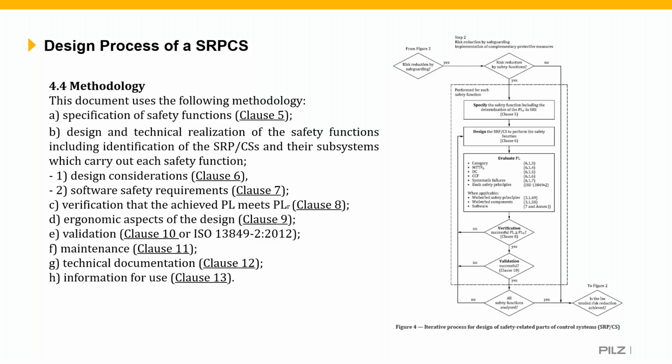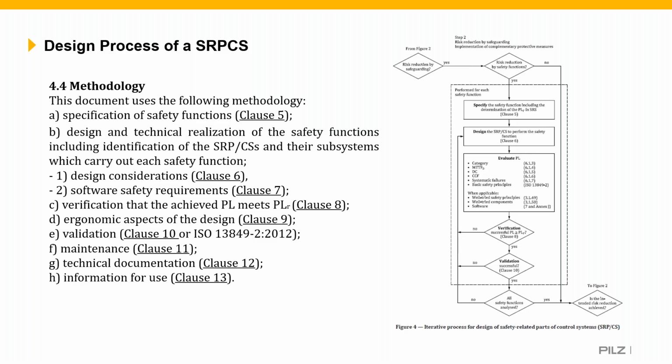If it's safeguarding, you'll go off to the left. If we're going down the center, which is what we're looking at for safety related control systems, you have to specify the function and determine the performance level. We'll come on to how we determine those performance levels in the next slide. So you design your safety related control system to perform the required safety function.